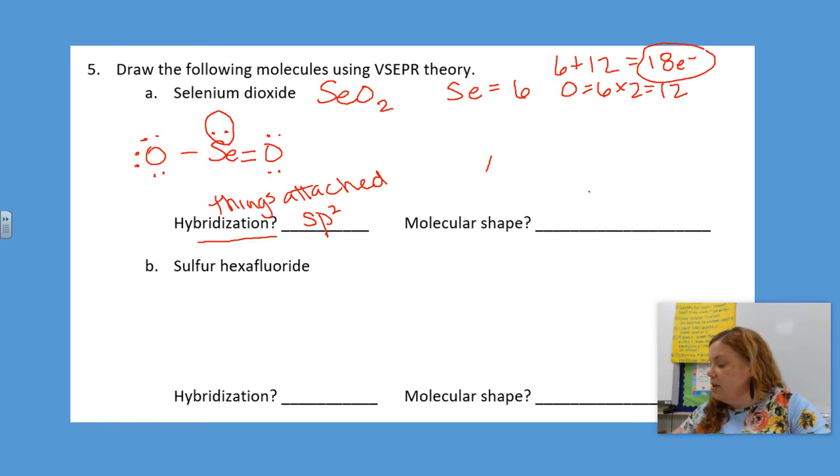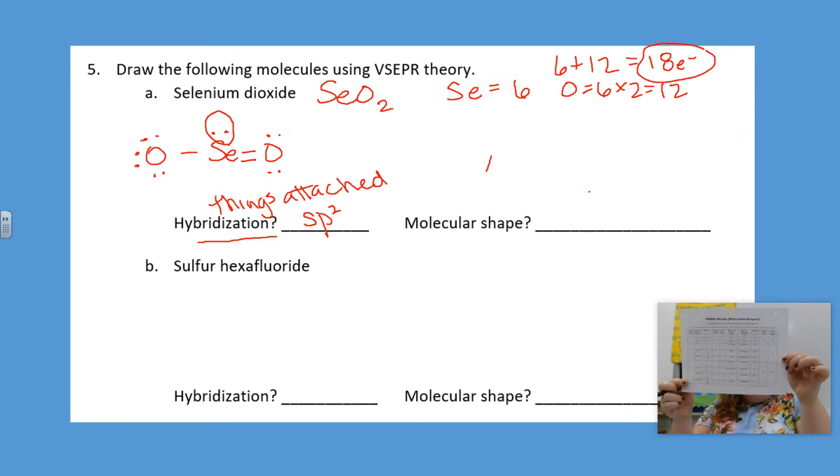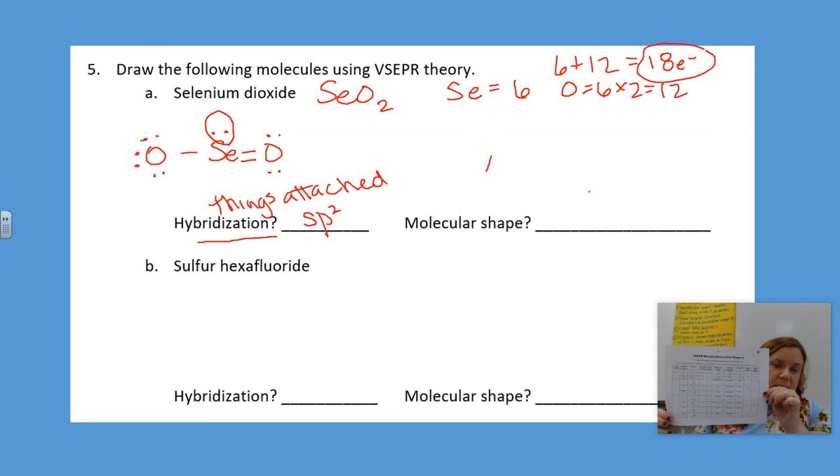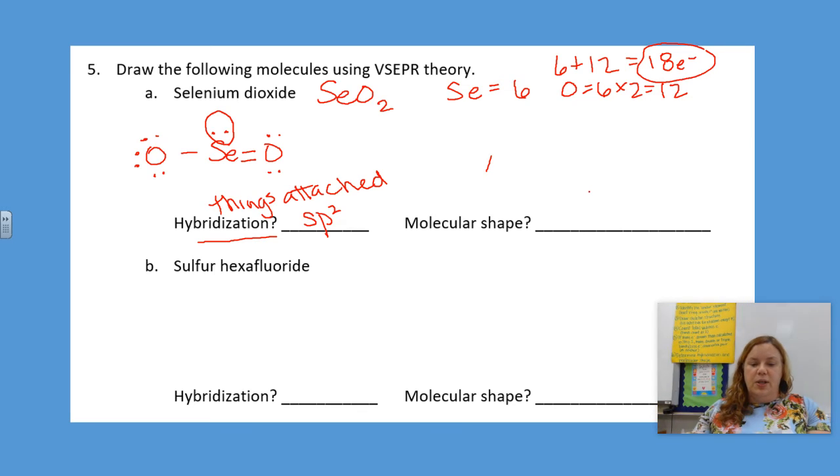Once we look at the molecular shape, you want to use this chart right here, and you'll get to use this all the time on quizzes and tests and everything. So you look at sp2 and you see which one has 2 bonds and a lone pair. Look at the molecular shape, and it is bent. So you're just going to write bent.